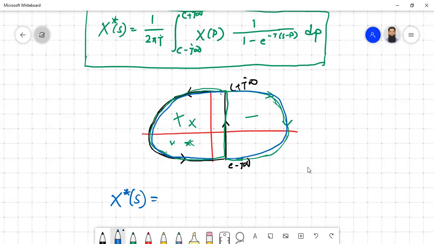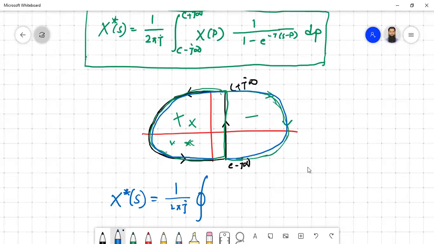X star of s equals 1 by 2 pi j times the integration over the closed contour. We are not giving any direction here, clockwise or anticlockwise, because it depends on whether you take the right half plane or the left half plane. In the right half plane it will be clockwise, and in the left half plane it will be anticlockwise.